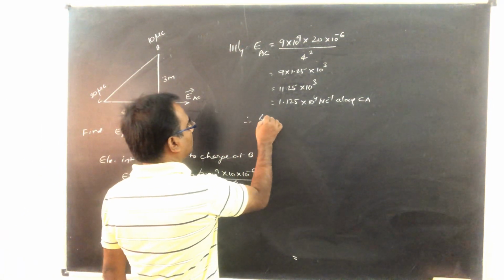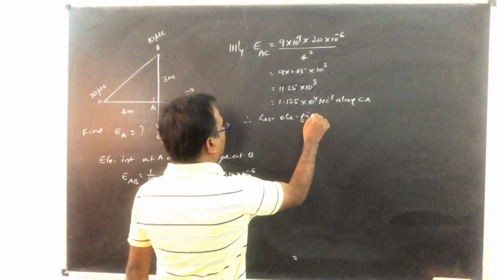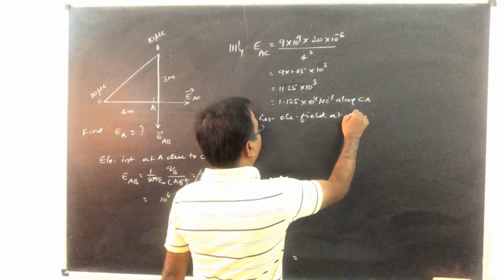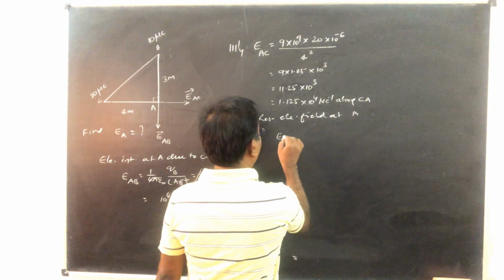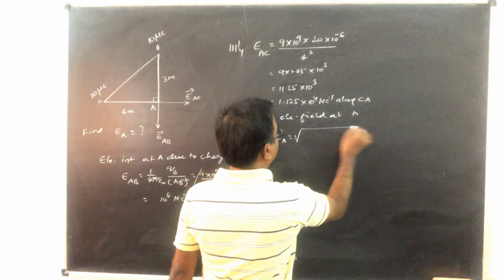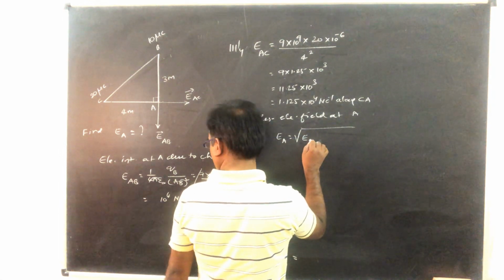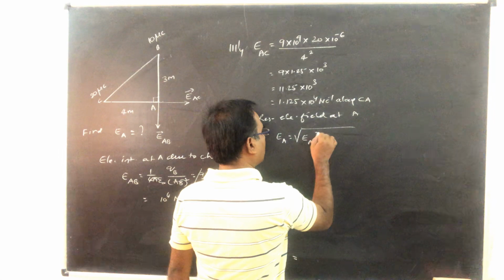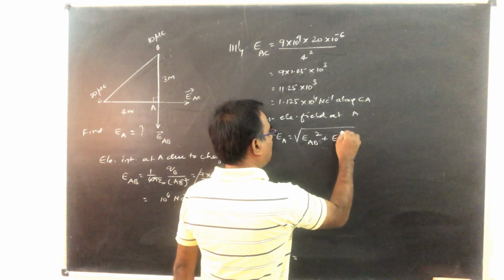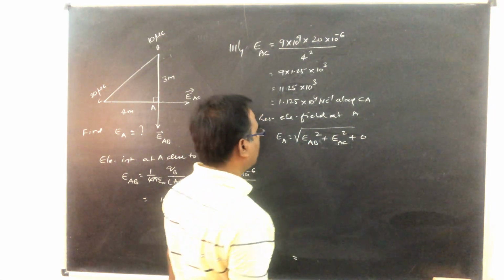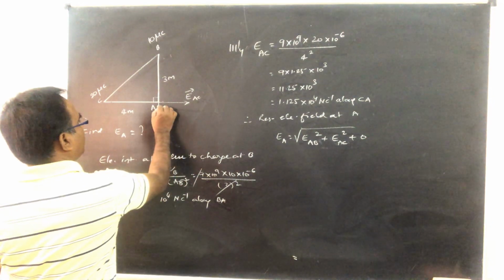Therefore, resultant electric field at A is given by root of EAB square plus EAC square, and the last term becomes 0 because this angle is 90 degree.